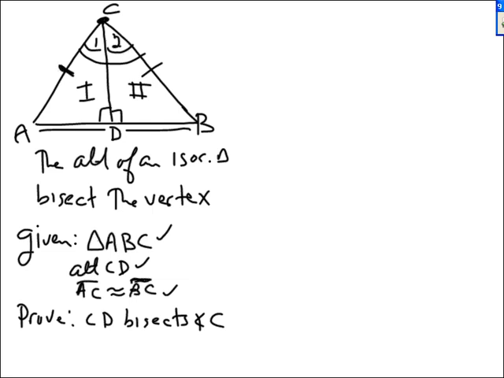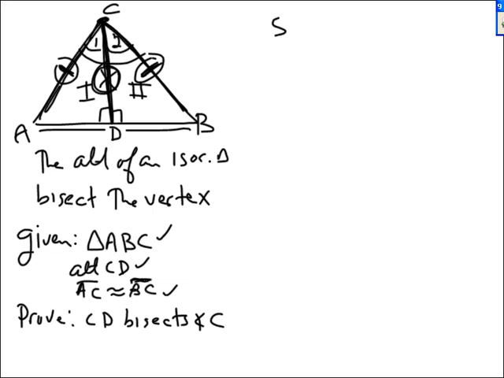The hypotenuses are given to be equal, and they have a common leg, CD. So by the hypotenuse leg theorem, triangle 1 and triangle 2 are congruent. And angle 1 is made up of 1 slash and x slash. And angle 2 is also made up of 1 slash and x slash. Therefore, they are corresponding angles. Angle 1 and angle 2 are equal.